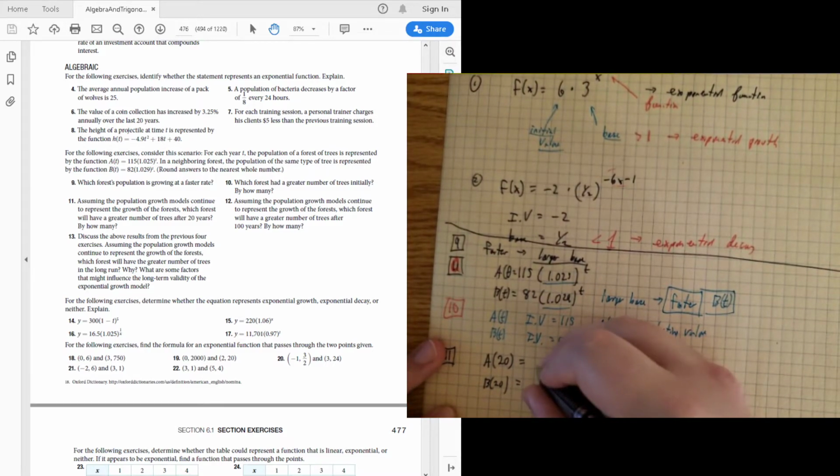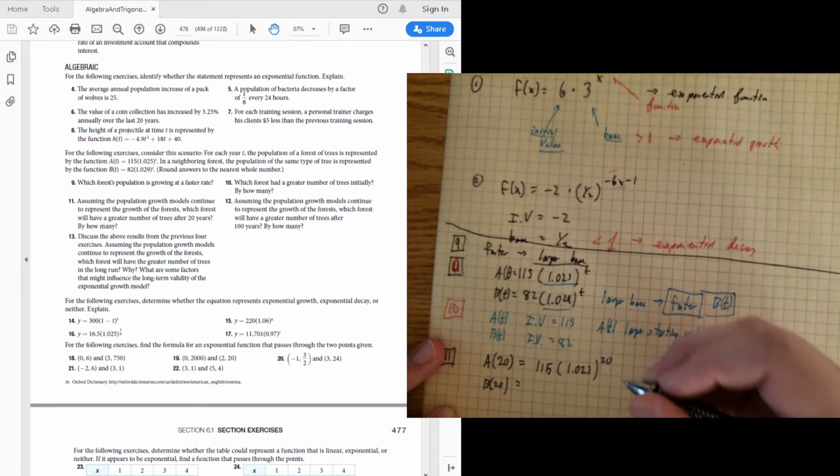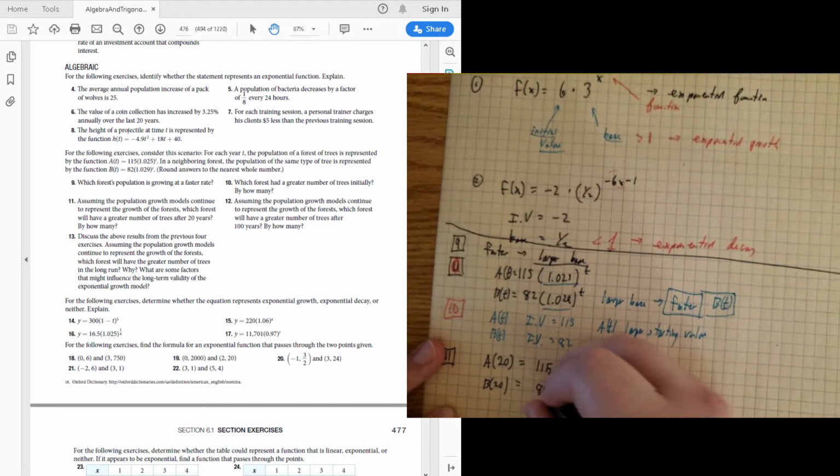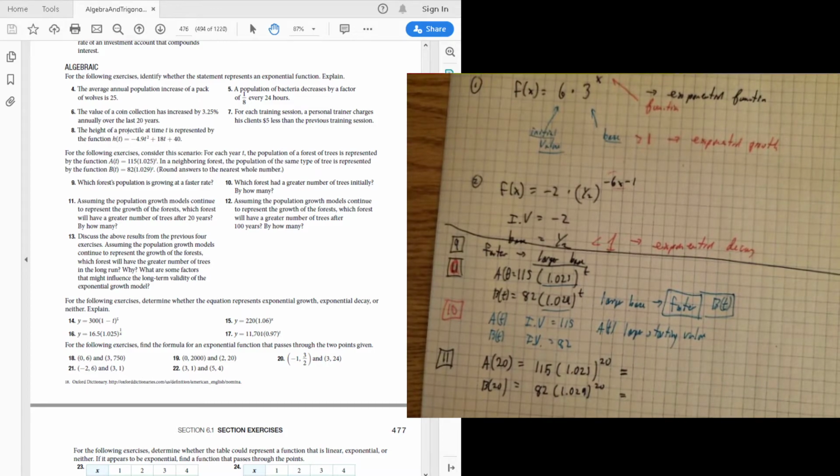So for this first one, I have 115 times 1.025 to the t power, so we want the 20th power. For the second function, I have 82 times 1.029 to the 20. Now the instructions do say to make sure to round to the nearest whole number.